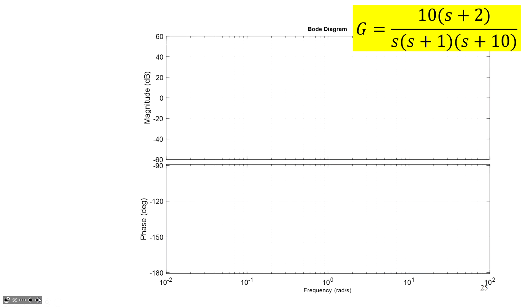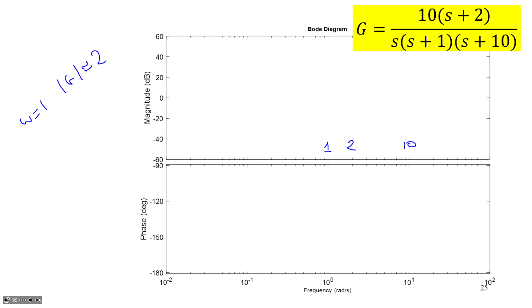So here's another example, and I'm going to do this example very, very quickly. The low frequency gain is 6 decibels, and I need to put in my poles and zeros. I've got one at 1, one at 2, and one at 10. If I put in a frequency of 1, you can see that the modulus of G is approximately 2, which is 6 decibels.